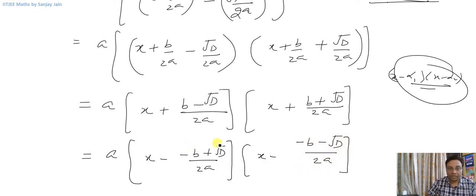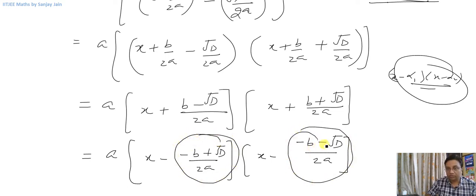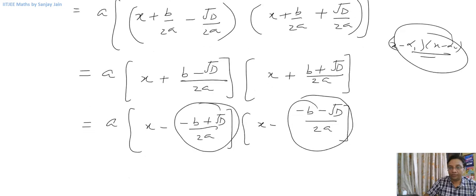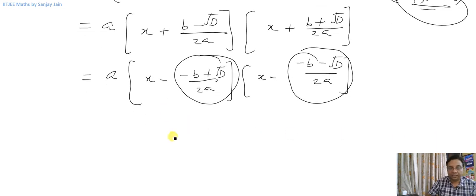Okay, so now these are the zeros of this quadratic polynomial, right? These are the zeros. So what are the zeros? Minus b plus root d by 2a and minus b minus root d by 2a.